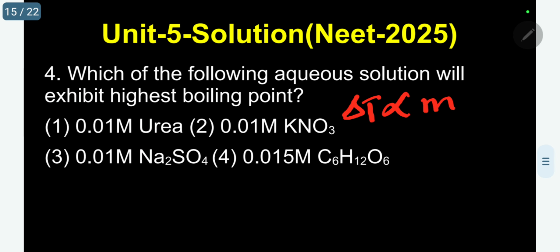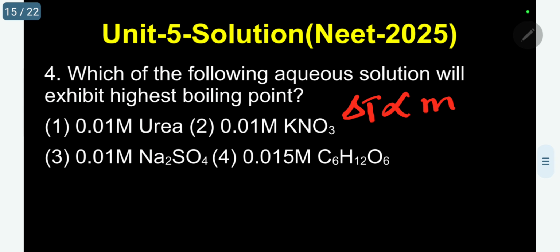For lowering of vapor pressure, mole fraction will be used. Elevation of boiling point and depression of freezing point depend on the concentration in molality. For osmotic pressure, molarity is used as the concentration. Normality is not at all used in these colligative properties.